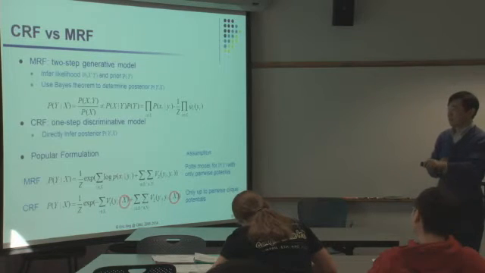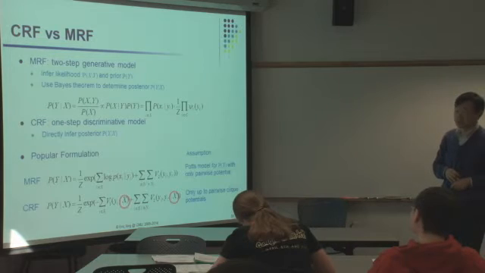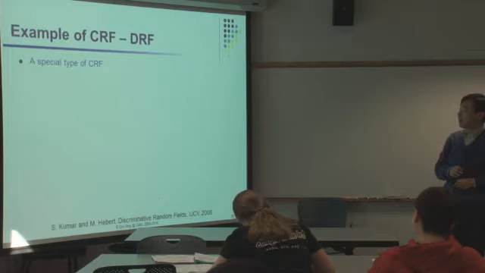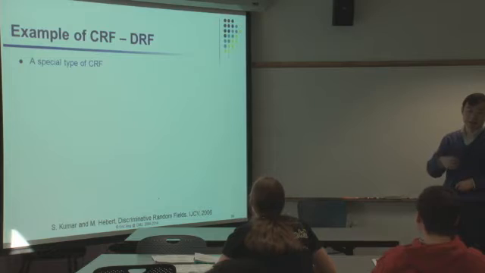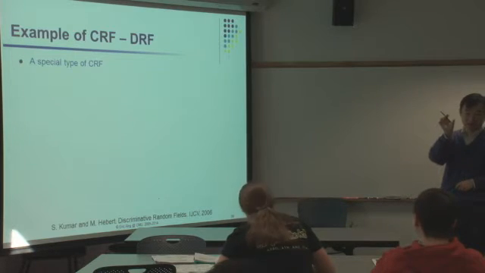I meant to show you the results of this and that, but in fact they brought in a third comparison, a third model, which they called the DRF. It's called a discriminative random field. Again, I want to point out to you, DRF, CRF, and MRF are all MRF. It's just a different design of the potential function.